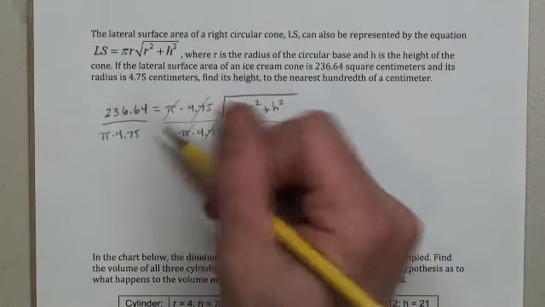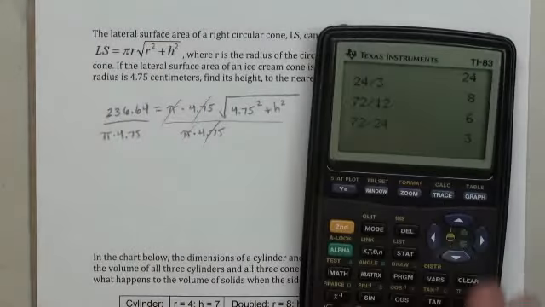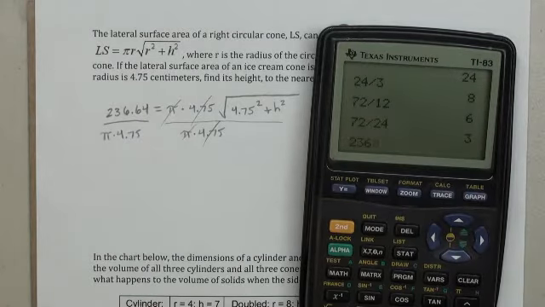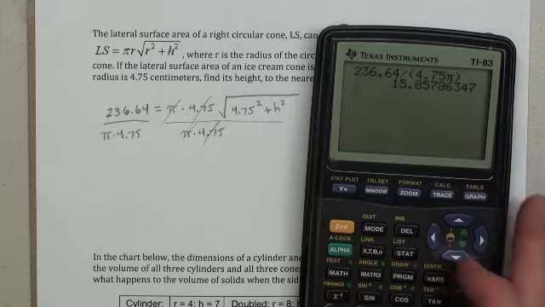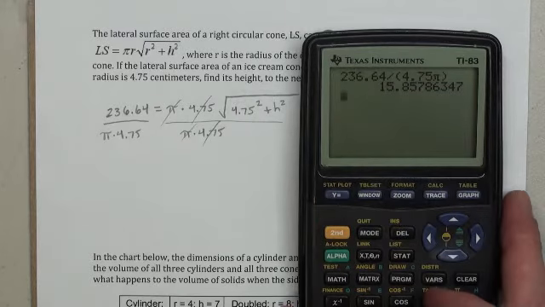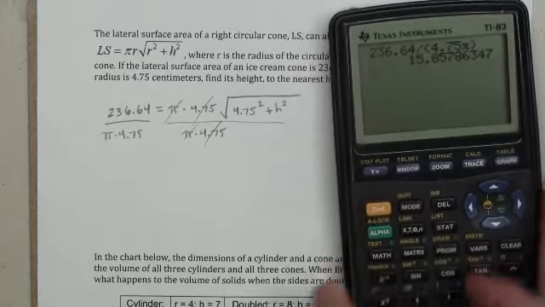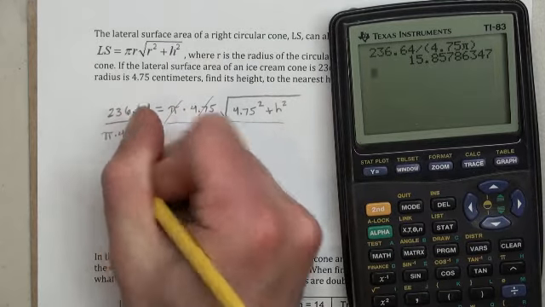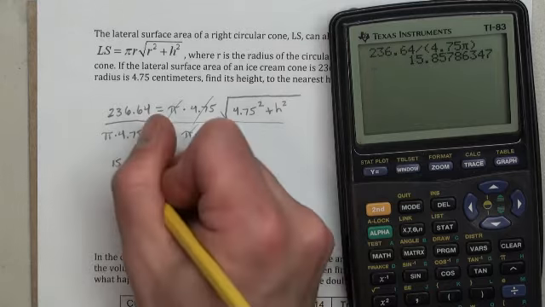That cancels with that, and we get 236.64 divided by 4.75 times pi. Alright, so let's go to 4 places after the decimal. That would be 15.8579.